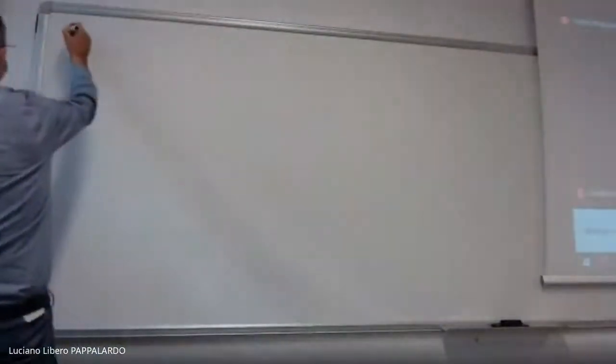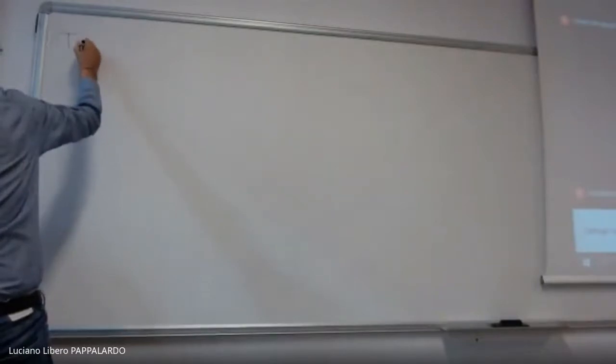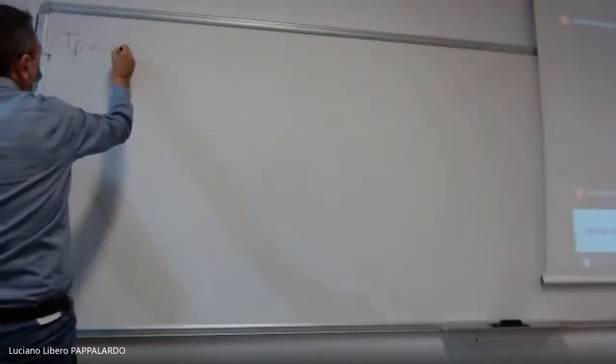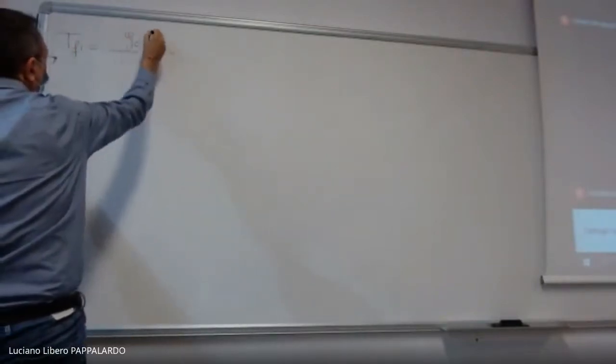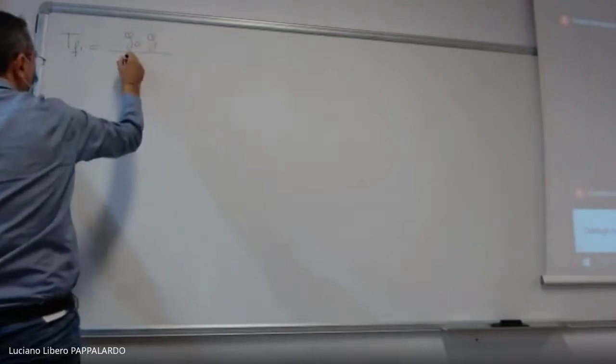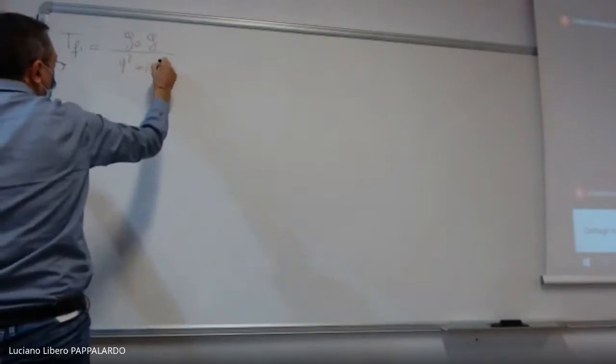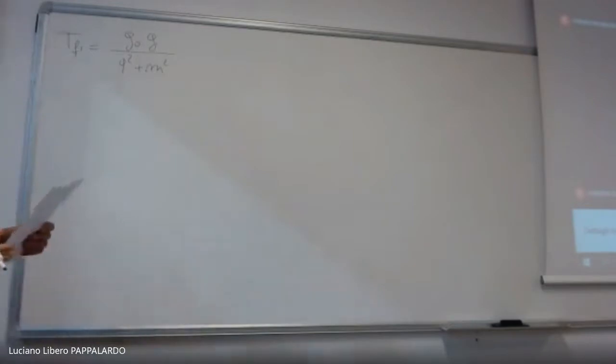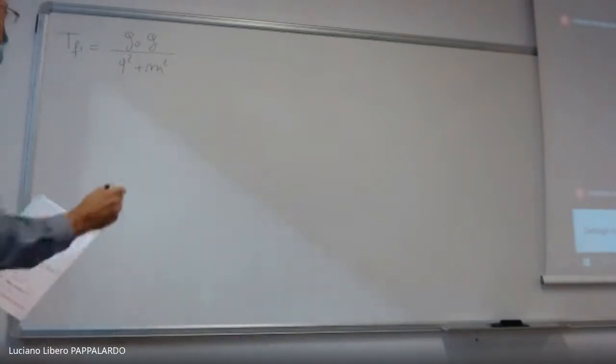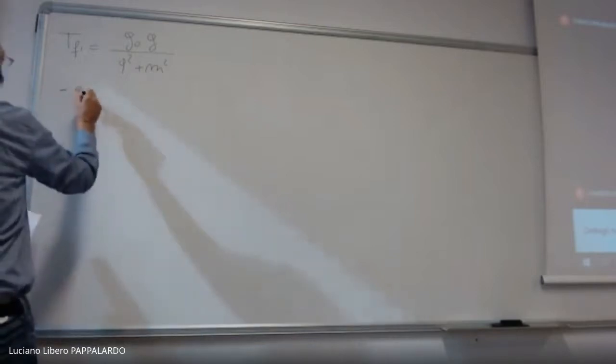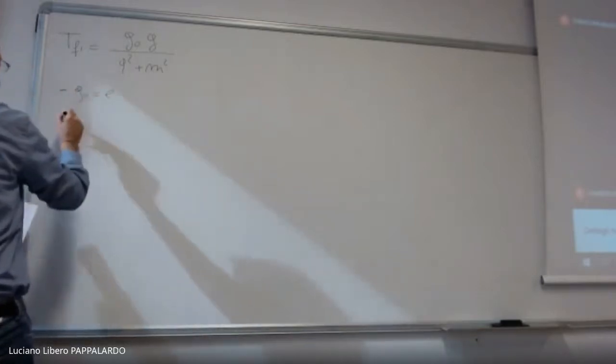So our probability amplitude is V0 divided by q squared plus m squared. This is clearly the non-relativistic one, because we don't need the relativistic approach for this low energy process, where V0 is the electron charge.